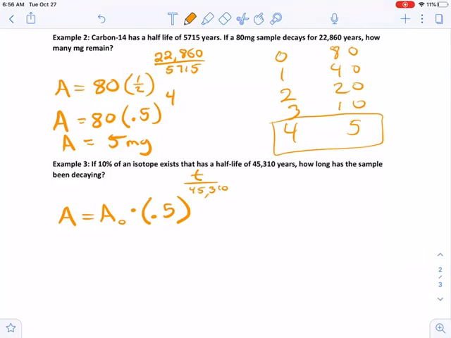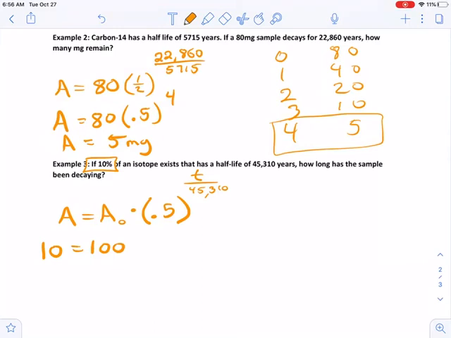And the part of this that's a little bit tricky is if 10% of the isotope exists. So it almost doesn't matter what we're starting with here. We can choose what we're starting with, so long as what we end with is 10% of that. And there's a few different tricks, but generally I would say, let's pretend that we just started with 100 milligrams or 100 anything.